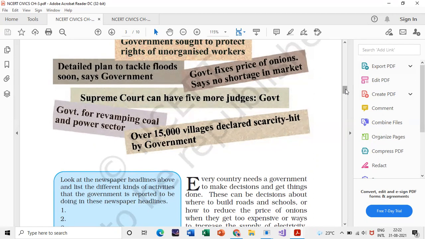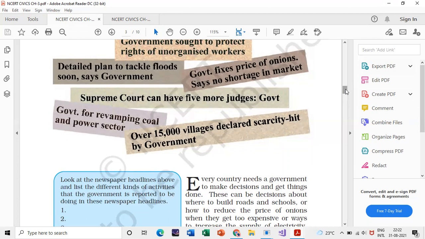So here is the first chapter, what is government. As you all know, government means to be responsible for framing and enforcing rules and laws.